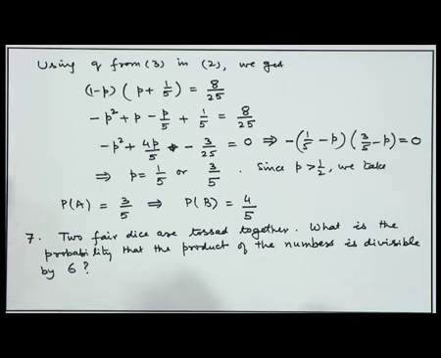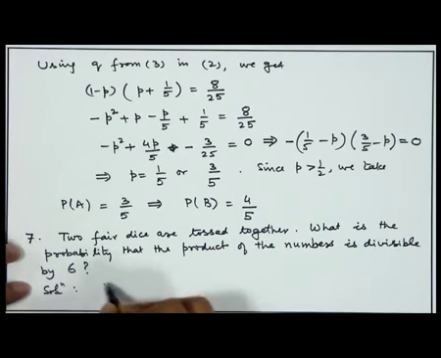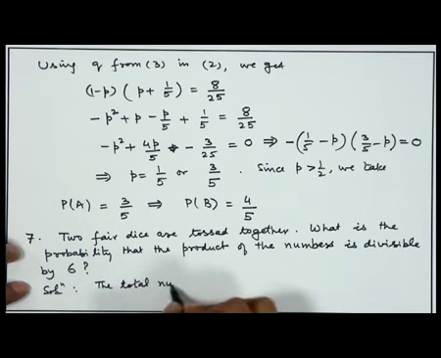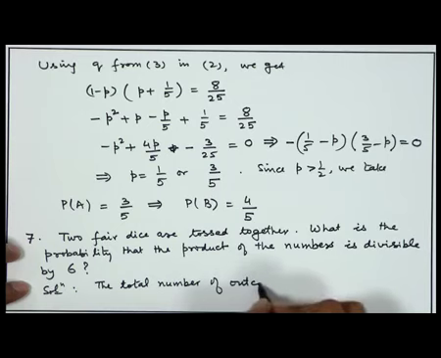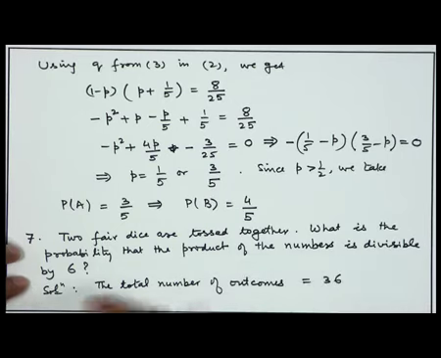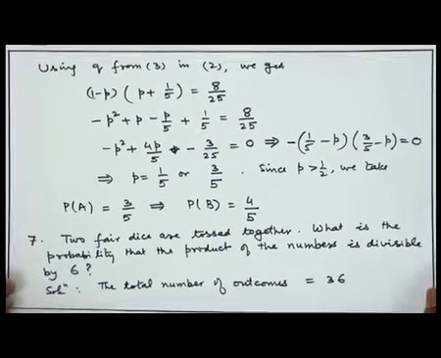So, the total number of cases here is 36. The total number of outcomes is 36. Now, out of this, in which outcomes is the product divisible by 6?